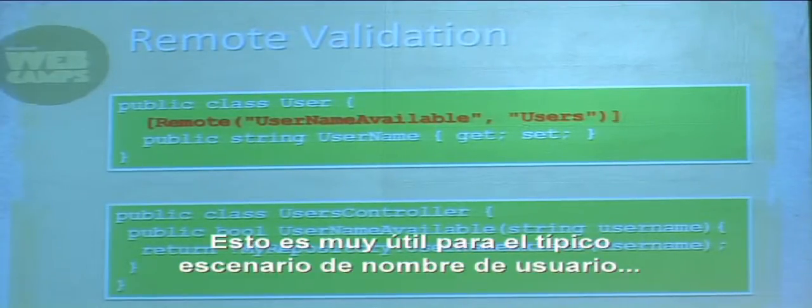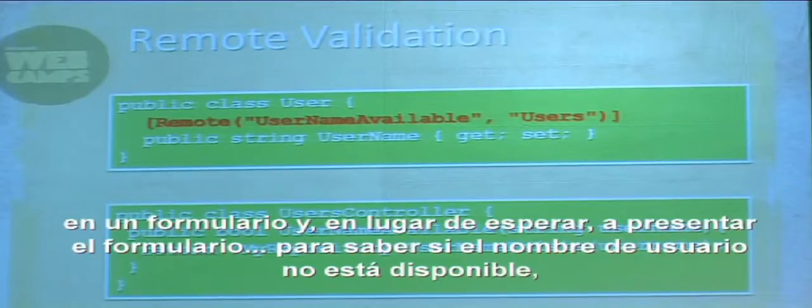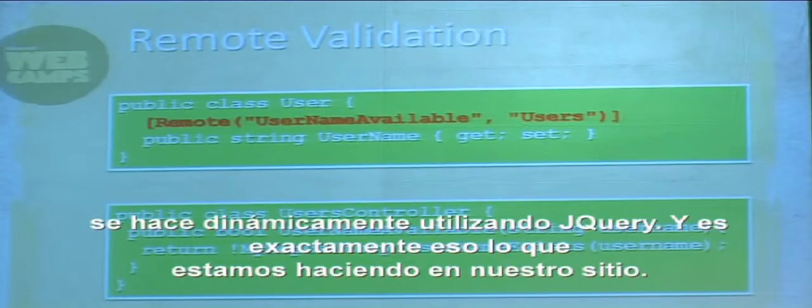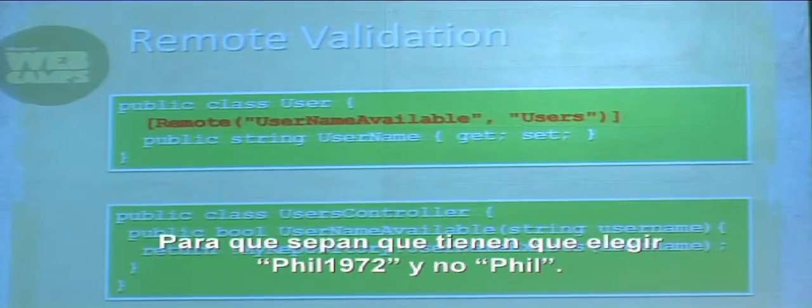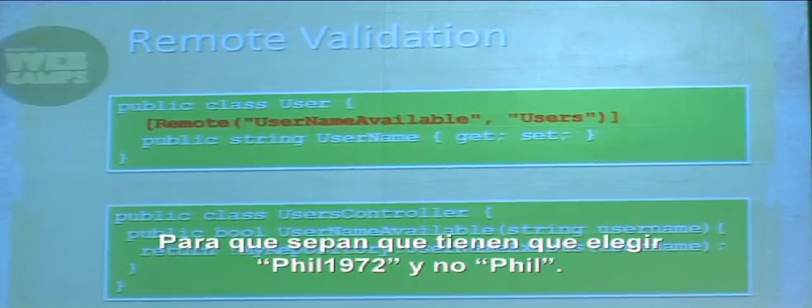And so this is really great for the classic username scenario where you have a form, and rather than waiting for them to submit the form to tell them that the username is not available, you do it dynamically using jQuery. And that's exactly what we're using under the hood, so that they know that they have to try a different one.